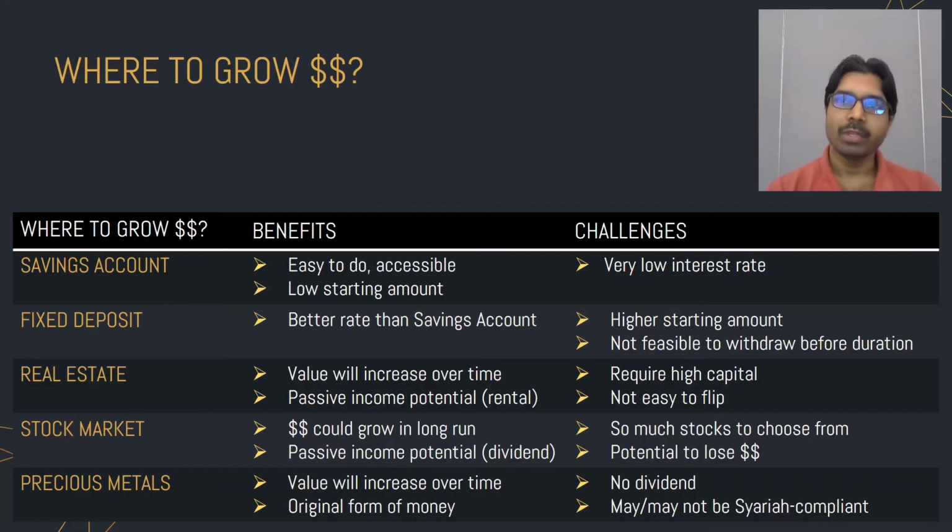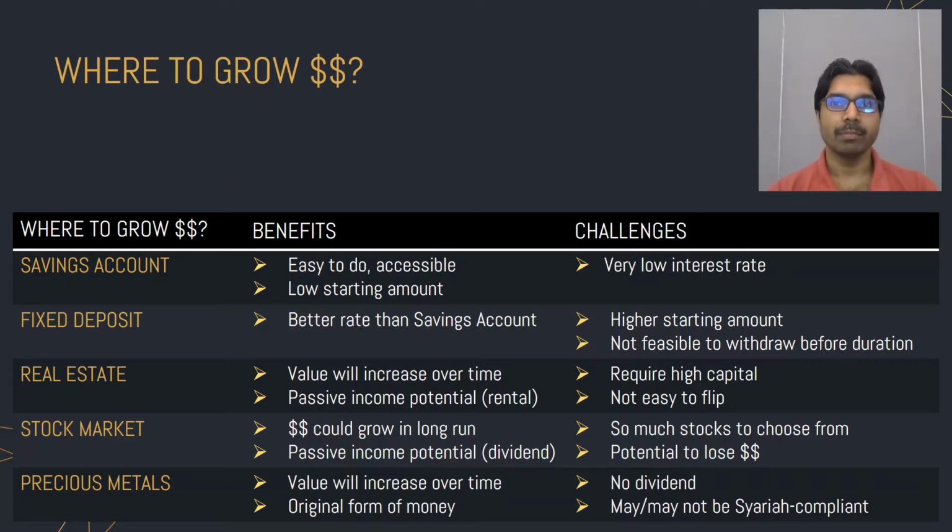So in this table you can see we know that we need to protect the value of our money by putting it somewhere, but where? Right? Savings account is one of the easiest platforms that we know, because that is the first thing we do as we grow up. We open an account in a bank or in a financial institution, and we keep and save our money there. And we know that it's very easy to do.